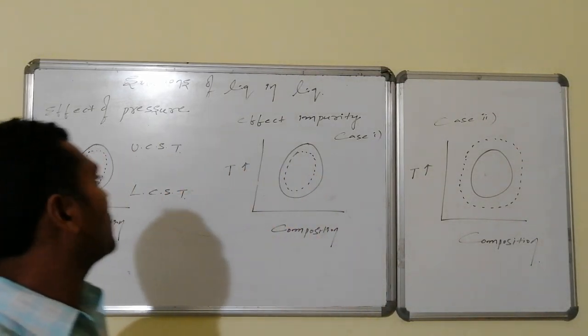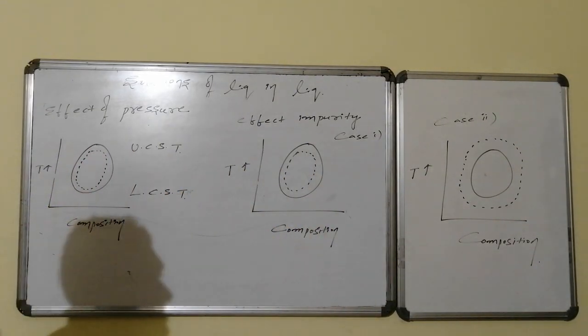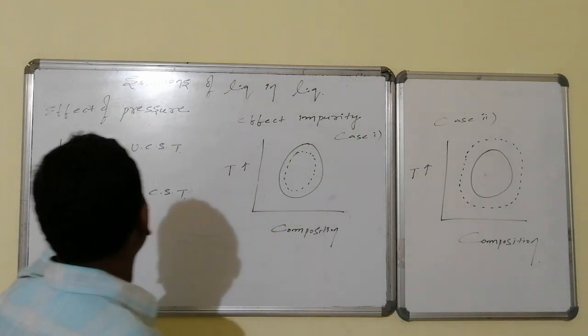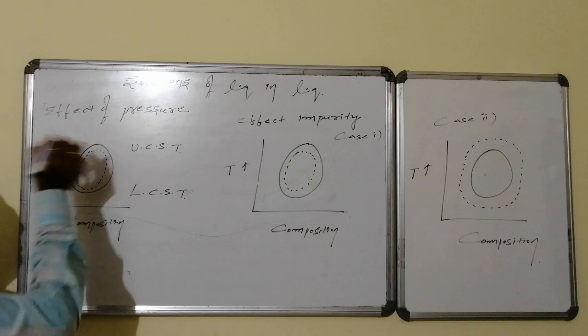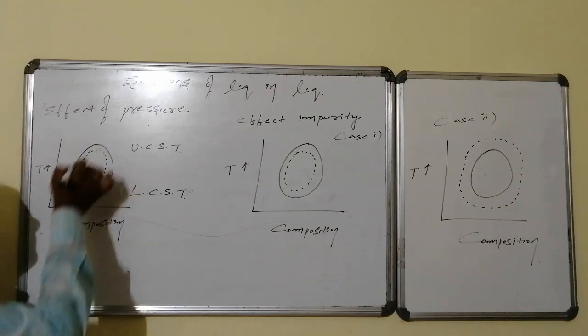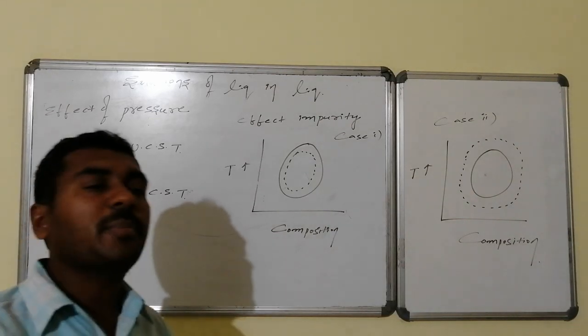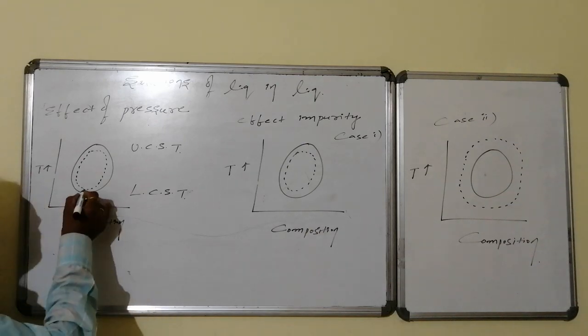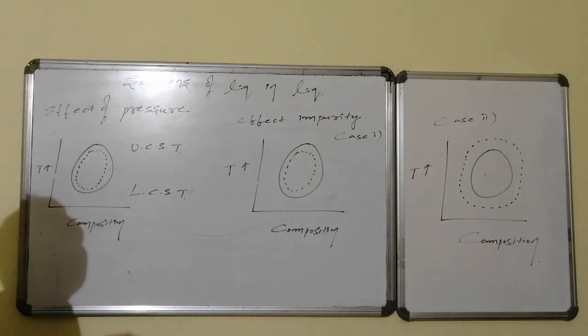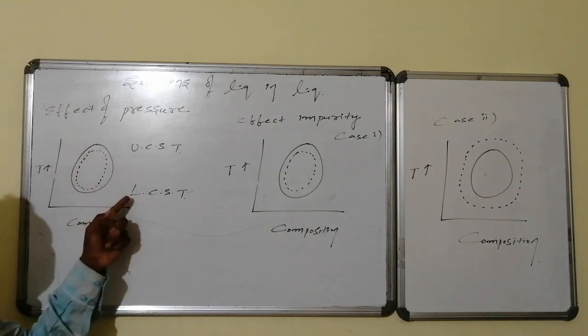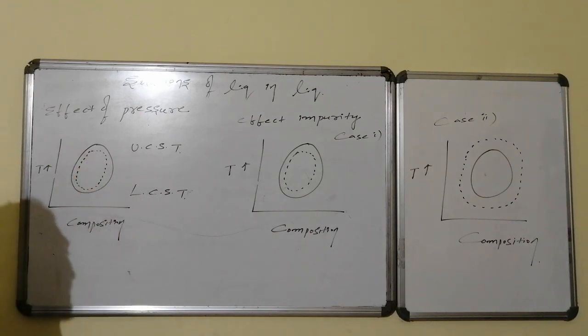With increasing pressure, solubility increases. As a result, this is the original upper CST under normal pressure conditions and this dotted line indicates the present upper CST system. Similarly, here the dotted line indicates the present lower CST system. So the upper CST decreases and the lower CST increases.